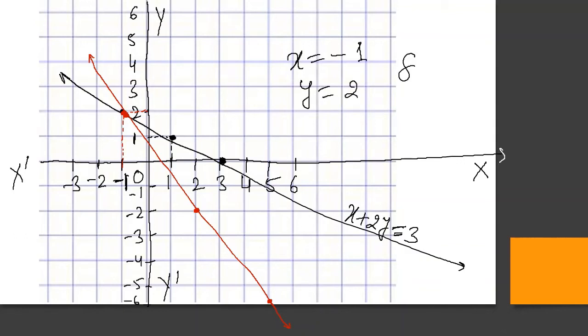This is the solution of these two equations, which is known as simultaneous equations in two variables. I hope you understood the point of intersection of lines. The point of intersection of lines will be the solution of linear equations in two variables. Okay, so in the next question we learn more concepts regarding this solution. So come with me.